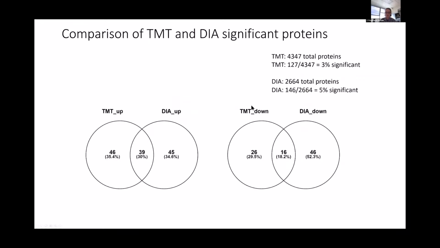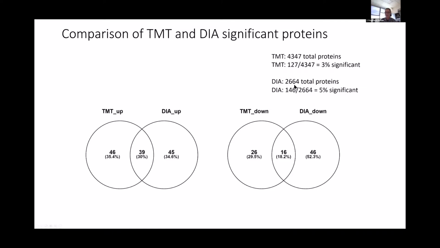And then what it did is a comparison of the TMT and DIA significant proteins. How many were significant by both methods and how many of those are the same in both methods? So TMT, we had 4,300 total proteins, 127 of those were significant, giving you 3% significant proteins.